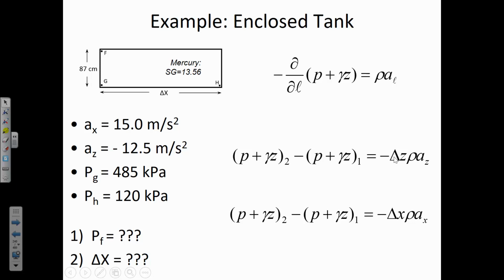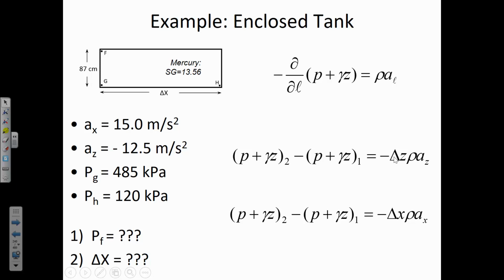But remember on the first example how I broke the final answer up into the component of the pressure change that was due to the hydrostatic effects and the component that was due to this additional acceleration. That's what this is going to be doing. It already knows that gravity is out there and we have to account for gravity.